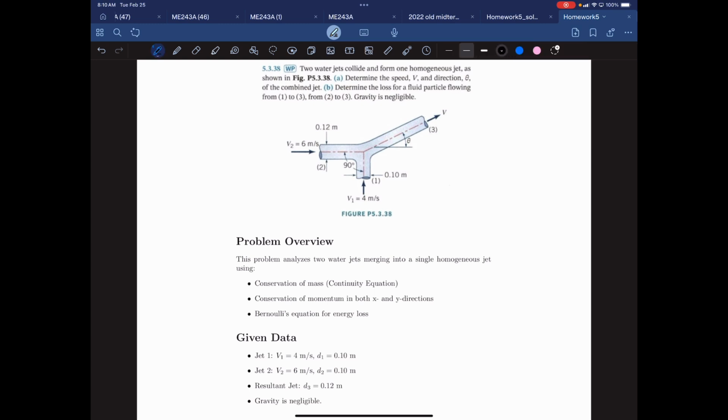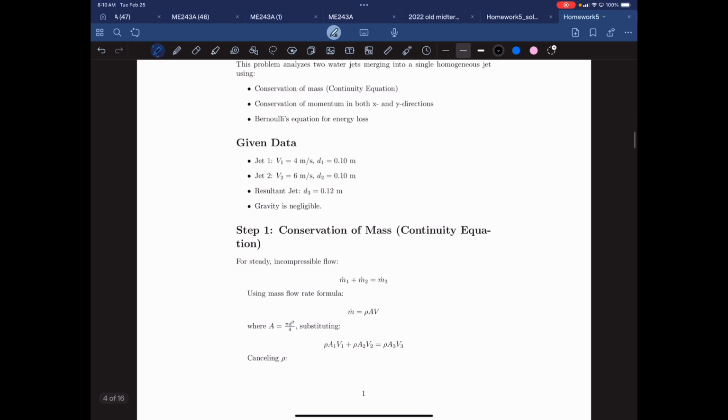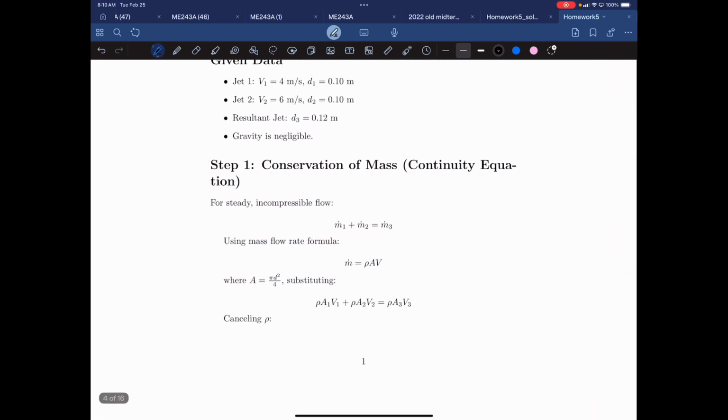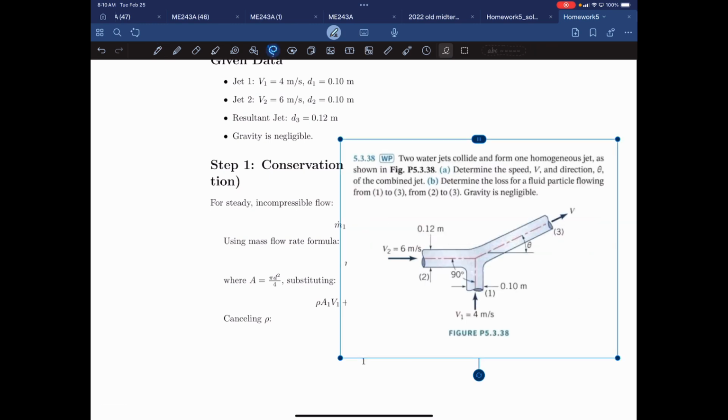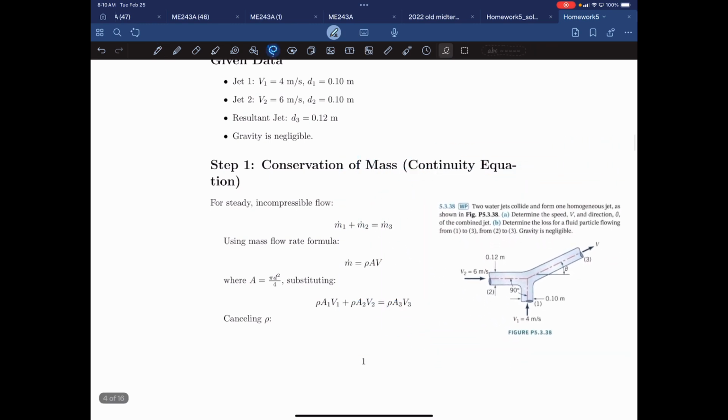This is problem 5.3.38. I'll include a copy of the schematic as I go on. I'm just listing out the values.